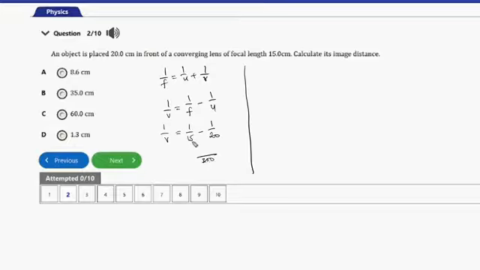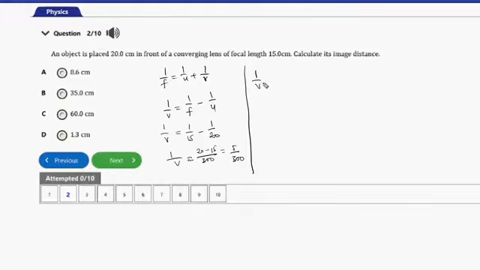So 300 over 15 is 20, and then that minus 300 over 20 is 15, and that's 20 minus 15, which is 5. So we have 5 over 300 here. So 1 over v is equal to 5 over 300.